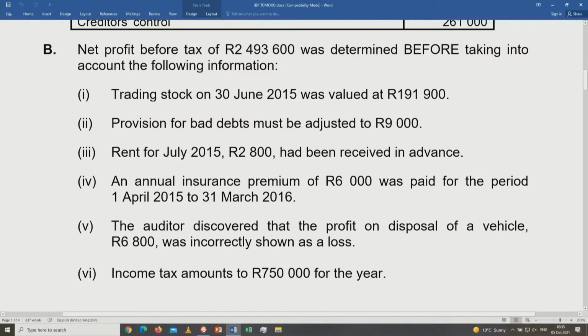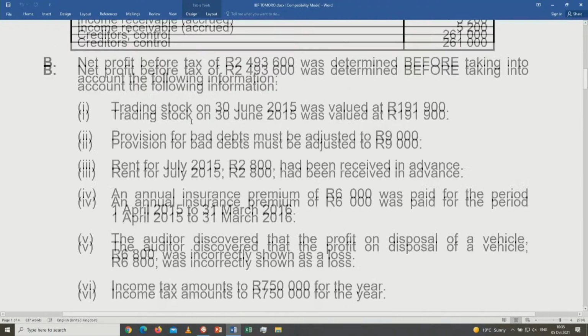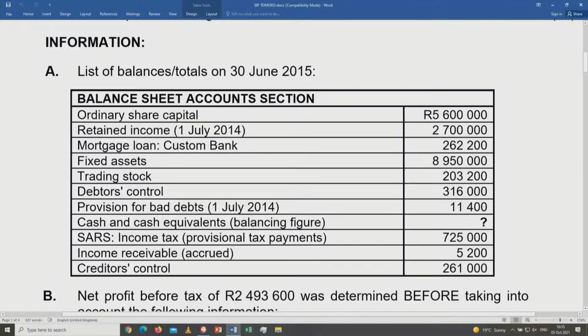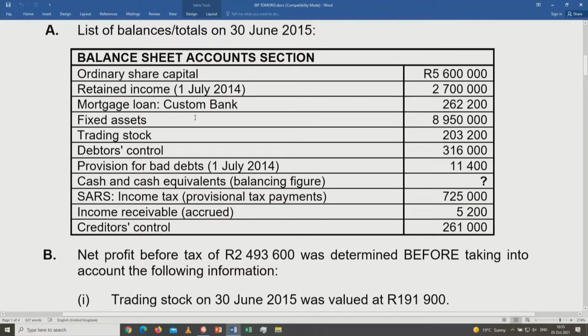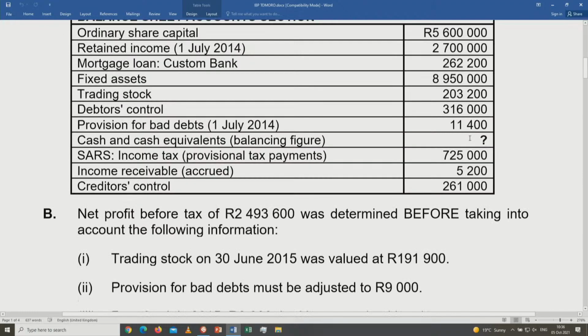Adjustment number 1 says the trading stock on 30 June 2015 was valued at 191,900. Now we must go back to information A, where we check according to our records, according to our balance sheet, how much is the balance for our trading stock. It is 203,200.